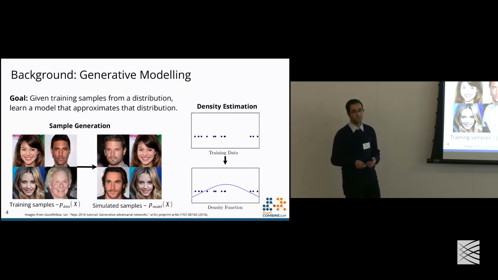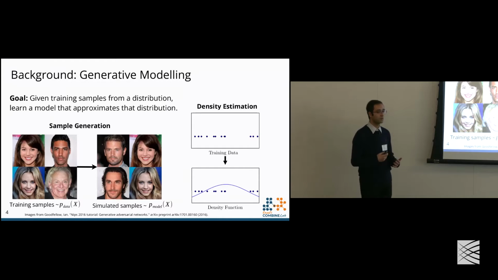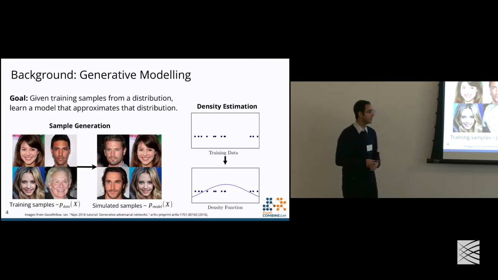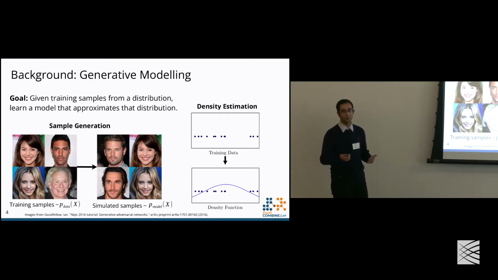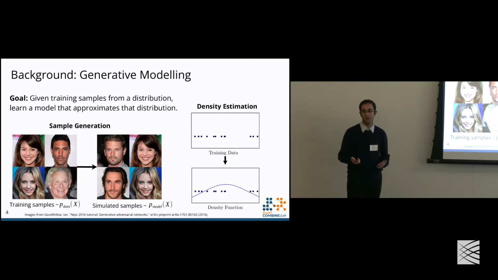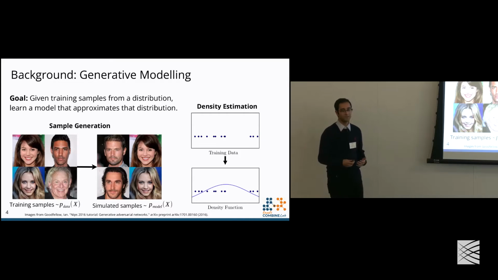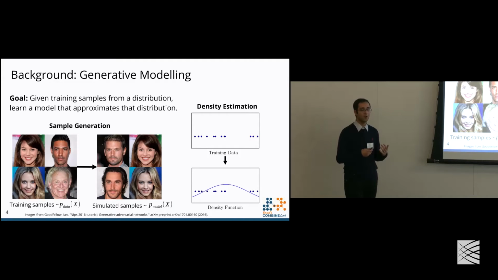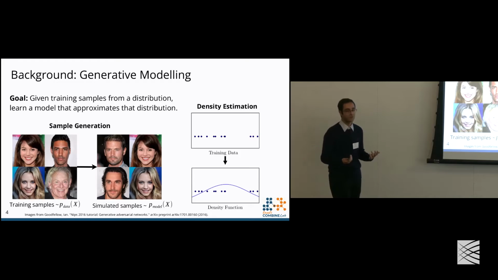With density estimation, we have a collection of samples, examples, and that collection can be very large, and we're trying to learn the underlying density function that represents that data. This really is at the core of a lot of unsupervised learning tasks, because since we don't have any labels for these problems, we really have to find the underlying structures and patterns in the data. So that's why density estimation is quite a useful task.